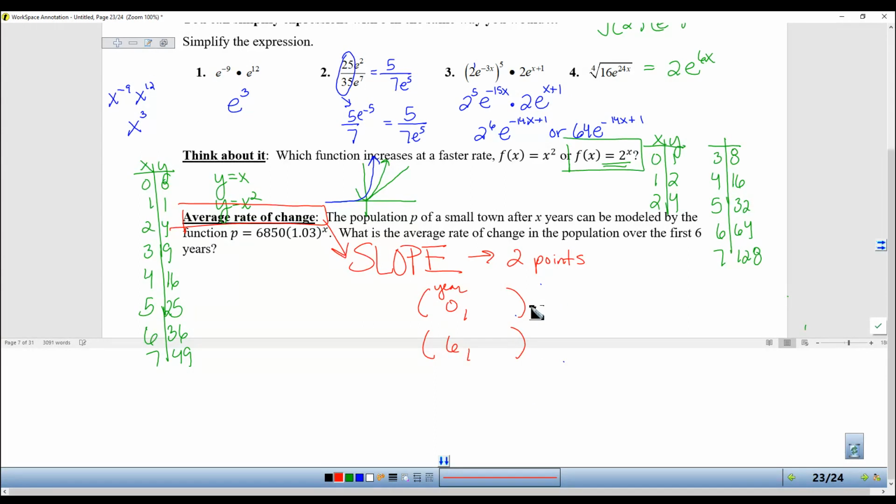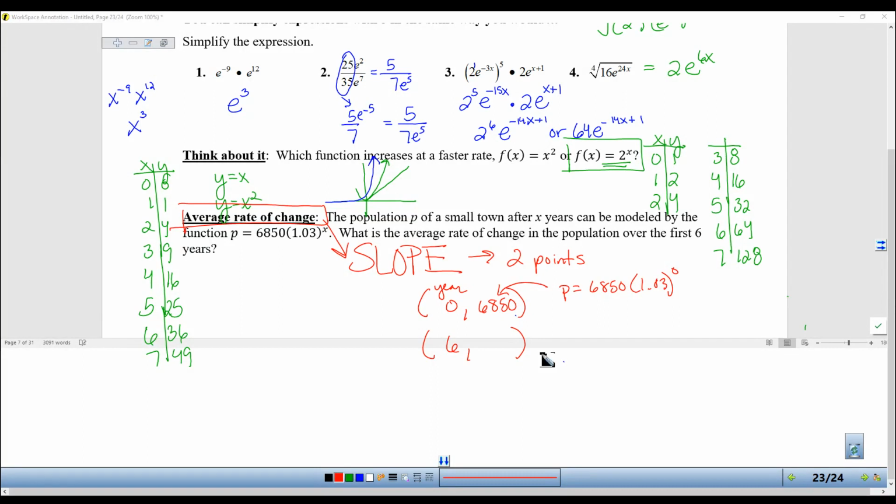At year 0, to find this, I'm going to do P is equal to 6850 times 1.03 to the 0. Well, anything to the 0 power is 1, and then 1 times 6,850 is 6,850.